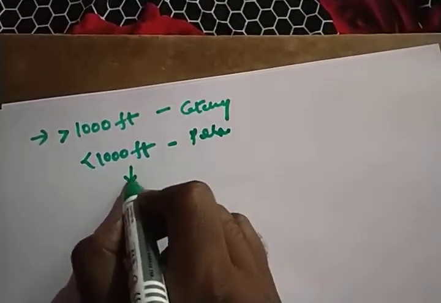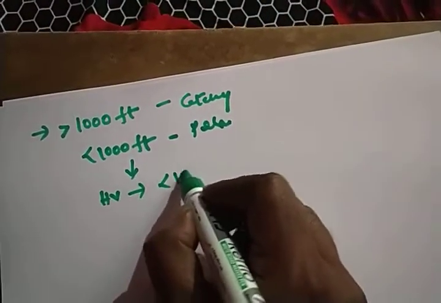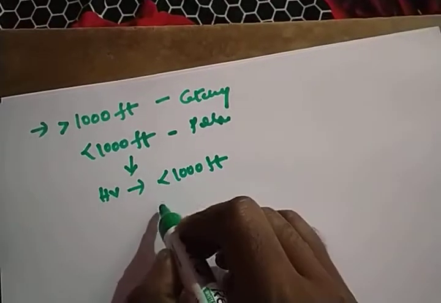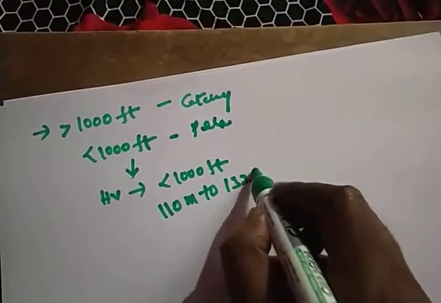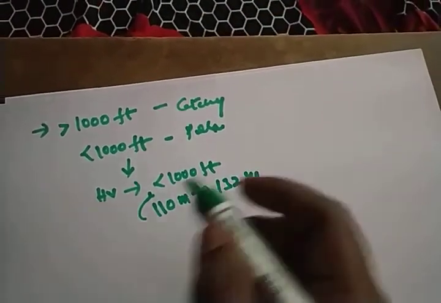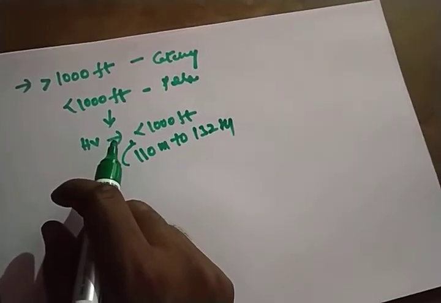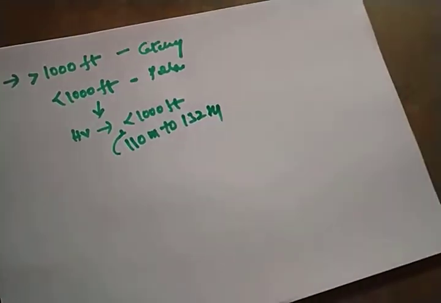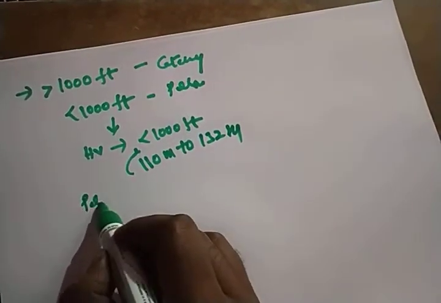Because all the HV transmission lines that we are using are less than 1000 feet, almost all of them 110 meters to 132 meters only. That means all the HV transmission lines that we see in real life have a parabolic shape.